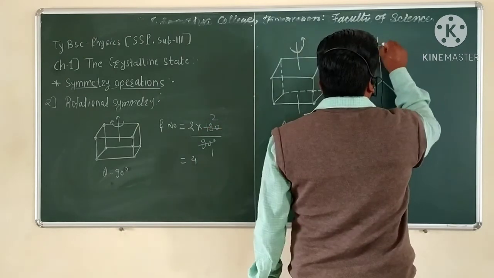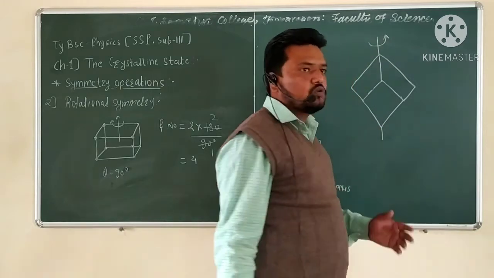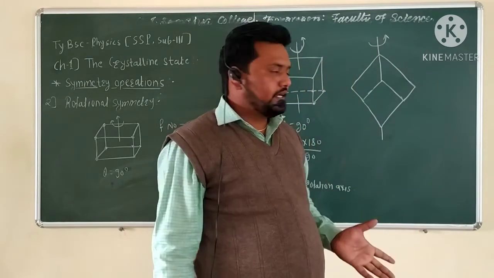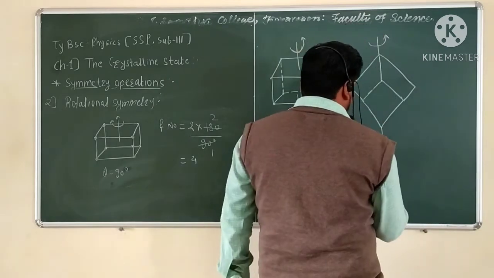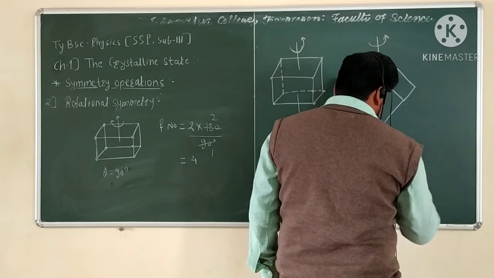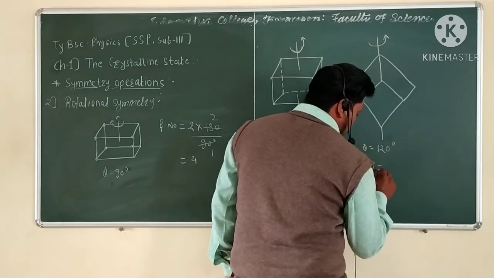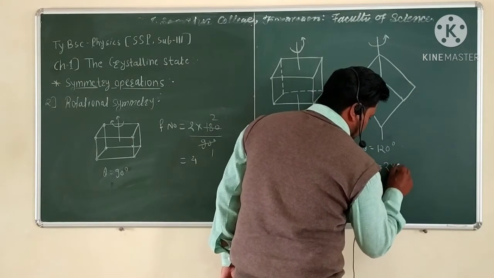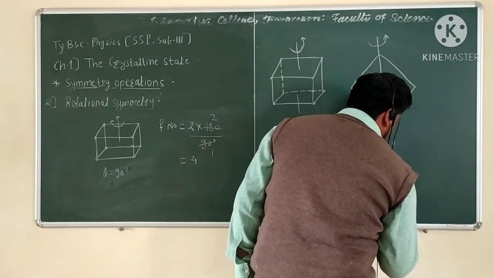We have to know that the default rotation direction is anti-clockwise, and if we see this cube rotated by 120 degrees, the fold number is given by 2 into 180 divided by 120.